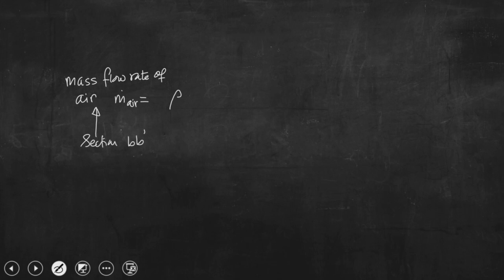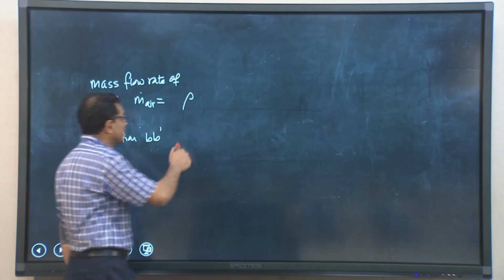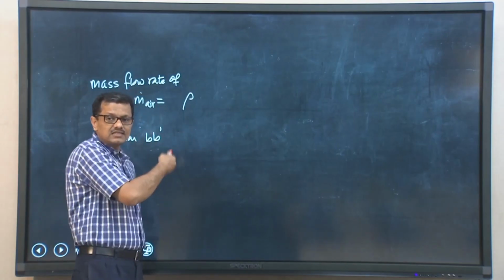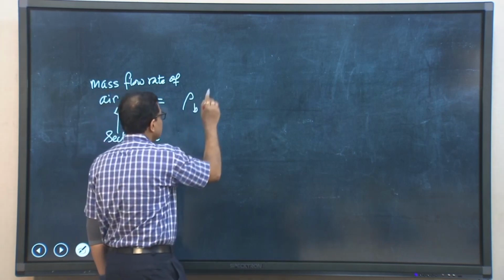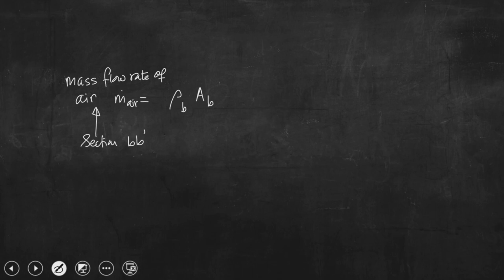If I use suffix A, that will stand for section A, but to avoid any confusion I am writing m dot air, that is the mass flow rate of air, and we are interested in calculating the mass flow rate of air at section BB. So, that is rho B into area B into velocity Cb.